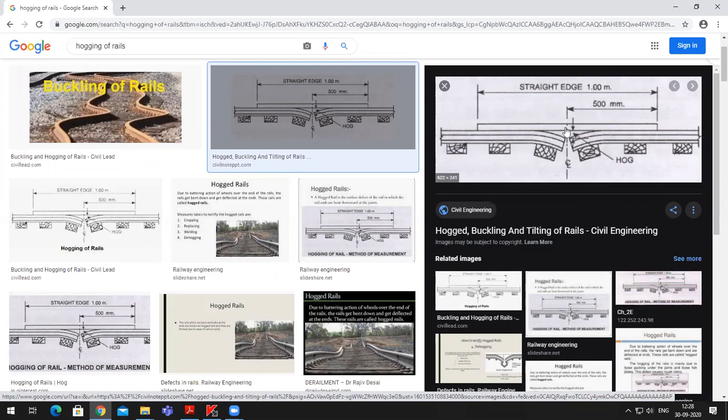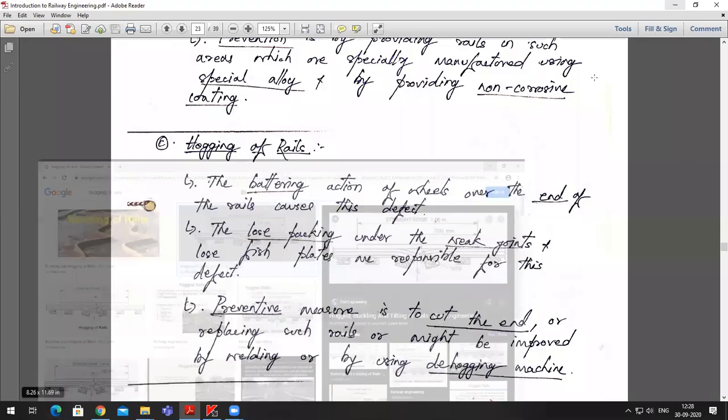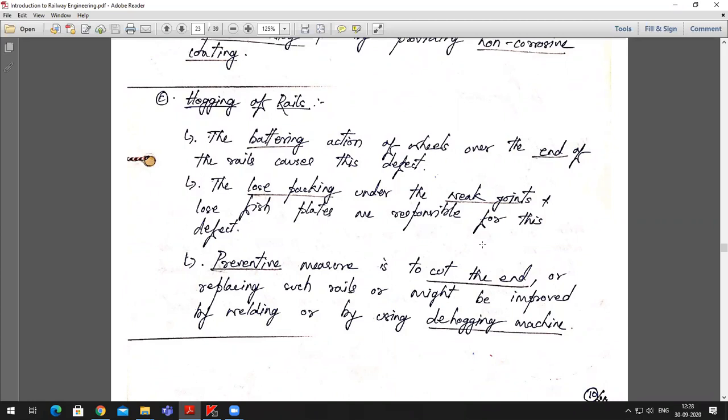So that sinking and again regaining of its position will make the rails hog in the downward direction. Now the preventive measure here is, once the rail bends at the ends, you have two ways.